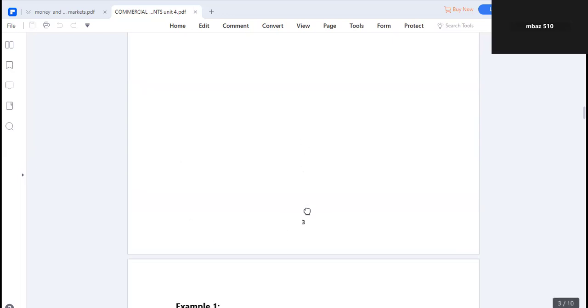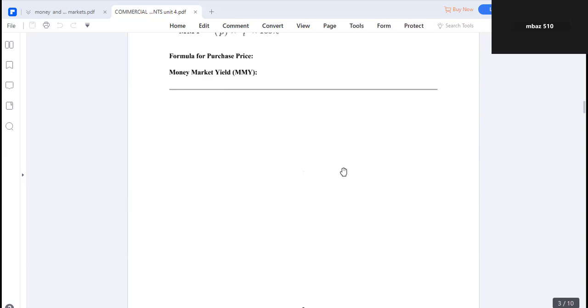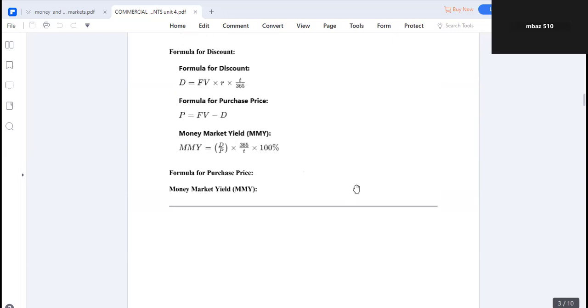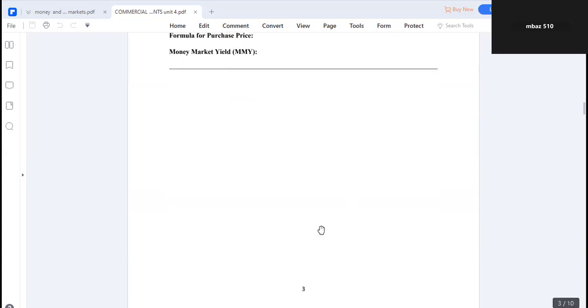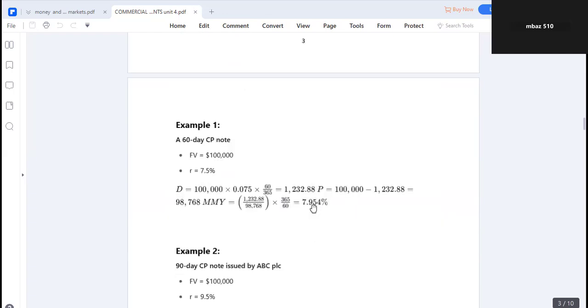And finally, we go to calculate what we call the money market yield. It is the discount over the purchase price, times 360 over the time, times 100 for the percentage. Now this one is very complex in that you need all these values to understand.